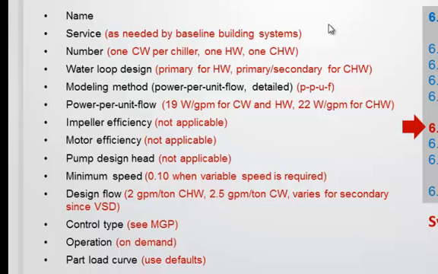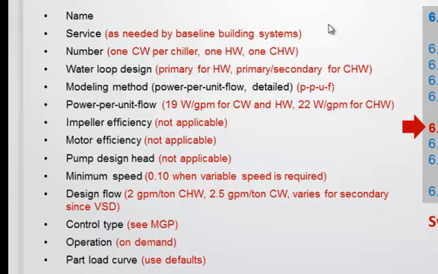Pumps for the baseline building are modeled using a power per unit flow method. That's specified to be 19 watts per GPM for condenser water and 22 watts per GPM for chilled water. Since the power per unit flow method is used, the impeller efficiency, motor efficiency, pump head, and so forth are not used for the baseline building, but those could be specified for the rated building.